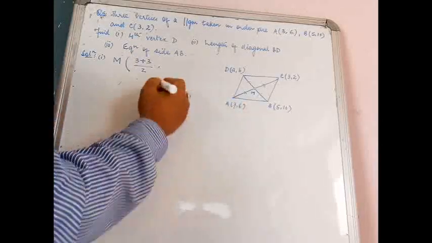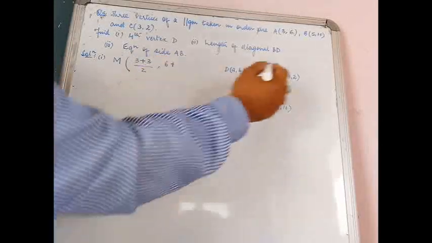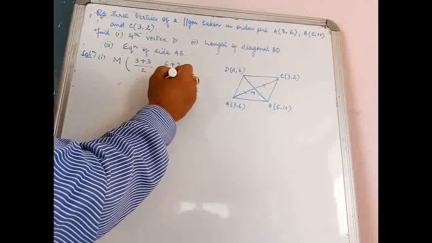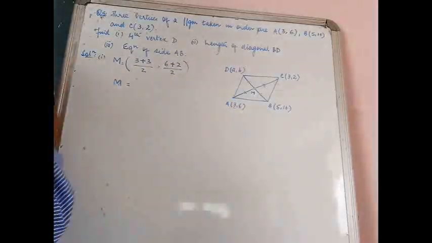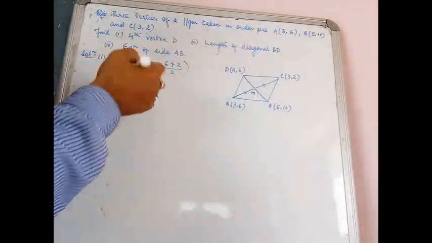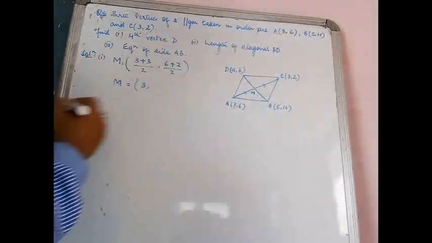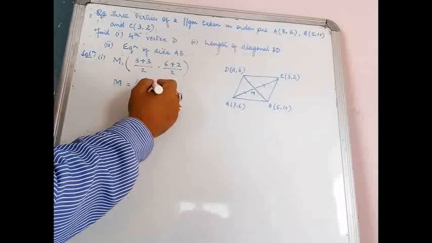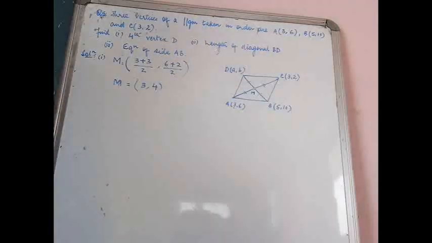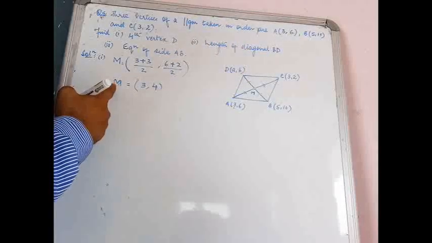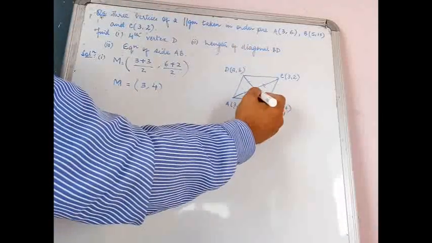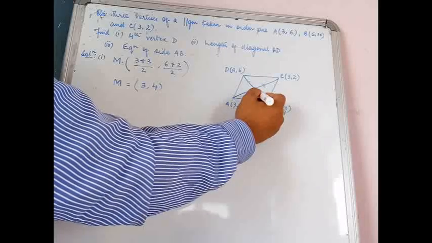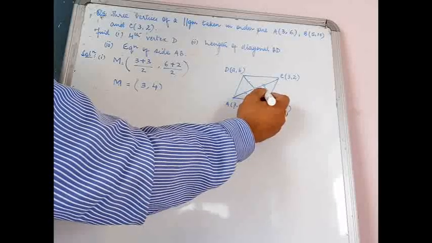Similarly, the y coordinate will be 6 plus 2 by 2. So my point M will become 3 plus 3 is 6 divided by 2 will give me a 3, and 6 plus 2 is 8 divided by 2 will give me value 4. So the midpoint M is 3, 4.